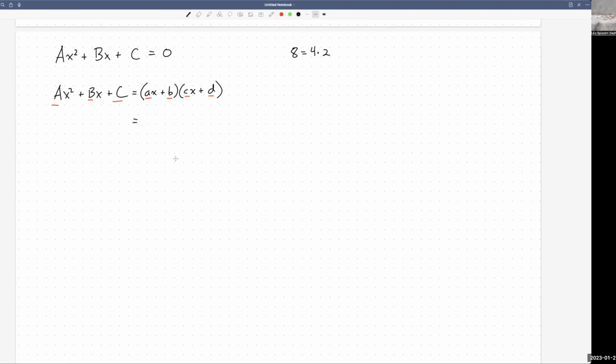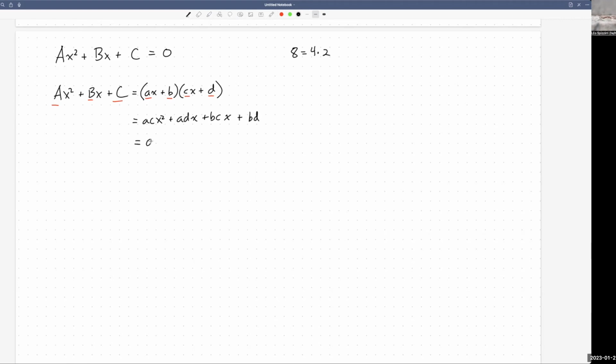Well, let's pretend for a second I've figured it out. Let's expand it. So ax times cx will give me acx squared. I'll get ax times d gives me adx. I'll get b times cx to give me bcx, and I'll get b times d. Okay.